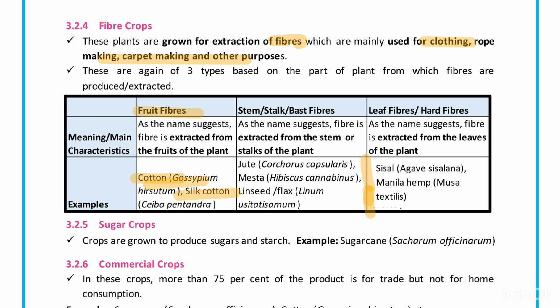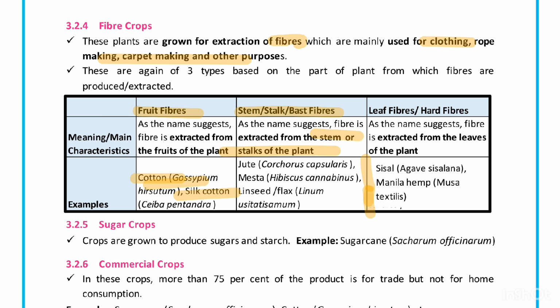The next category is stem, stalk, or bast fibers. As the name suggests, fiber is extracted from the stem, stalk, or bark of the plant. Such crops are kept under the category of bast, stalk, or stem fibers.